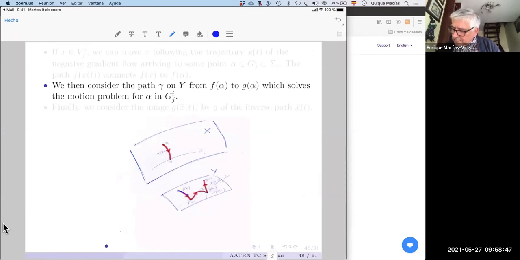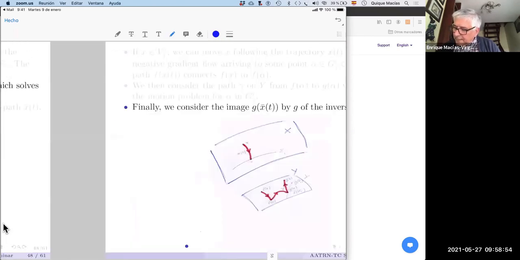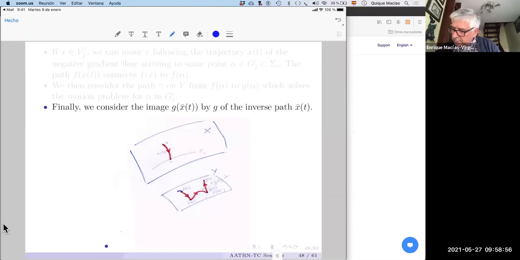There you have the path gamma you found in the critical manifold. And finally, you compose with the path, which is the image by G of the inverse path. And so you have solved the problem between F(x) and G(x). So as I said before, this applies to all the invariants we saw, which were particular cases of the homotopic distance.